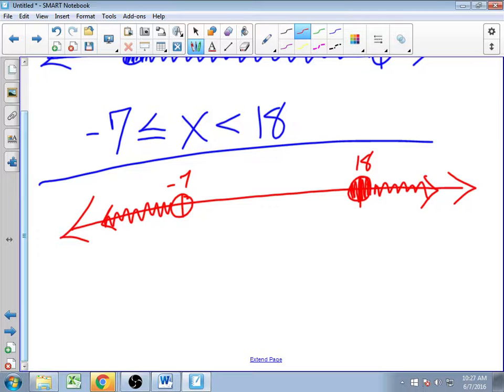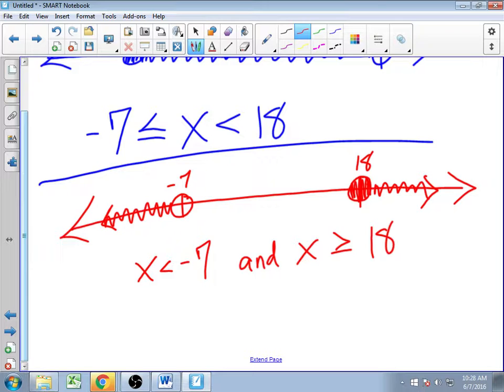So now I can say x is a range that is less than -7 because it's not filled in. It does not have the or equal. And x is greater than or equal to 18. And that's it. And then the gap in the middle is represented by the fact that there's nothing there.